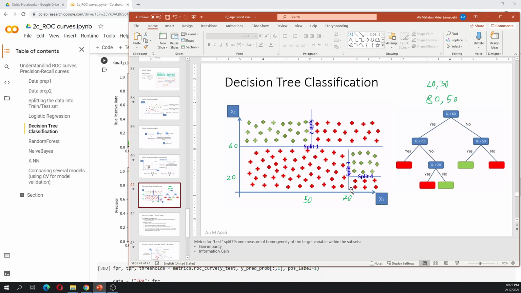If x1 is less than 70, it would be red. How about when it's greater than 70? We have a mix of green and red, and here it would basically go by whichever has the majority. Out of these points we have 1, 2, 3, 4, 5, 6, 7, 8, 9, 10, 11 green and 6 red ones.